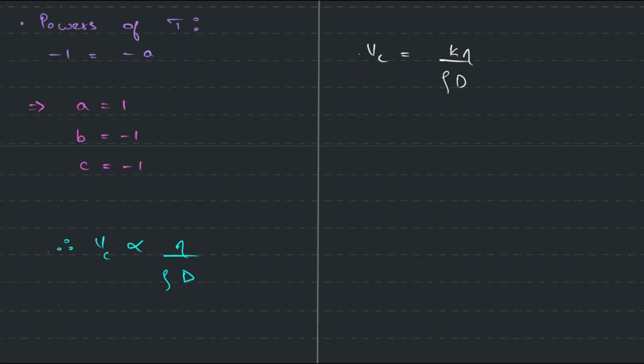Then finally, I have the proportionality constant K. When we deal with K, it's a dimensionless constant, obviously, because the dimension is taken care of by the other variables. So here K is dimensionless. That's one thing we can be sure of. This is found experimentally.